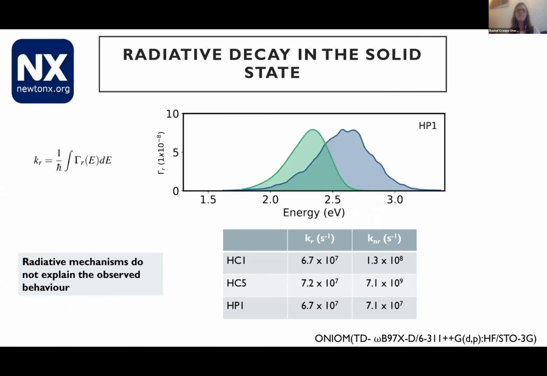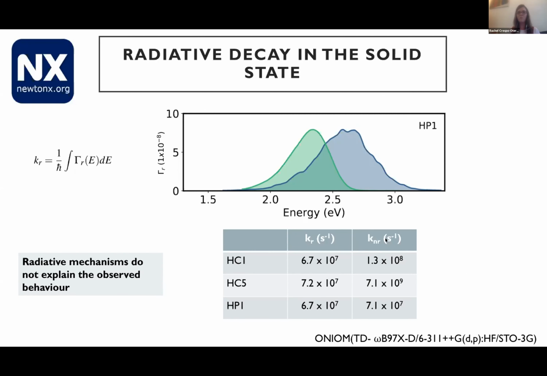So the first question that we wanted to answer was whether the difference between these systems is related to radiative decay or to non-radiative decay. We did an estimation of the radiative and non-radiative constants, and you can see that the rates for radiative decay are very similar for the three systems. So the main differences between them will come from the non-radiative decay.